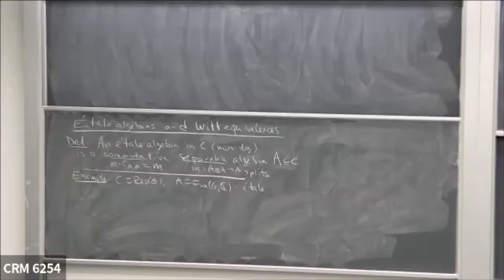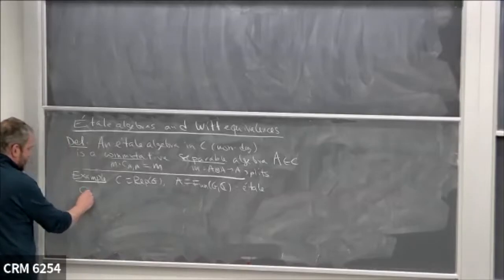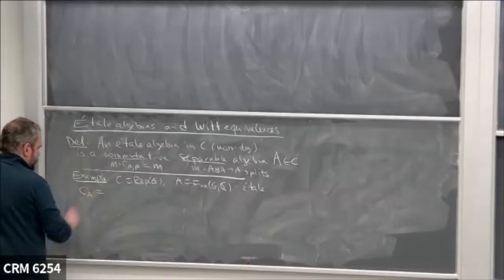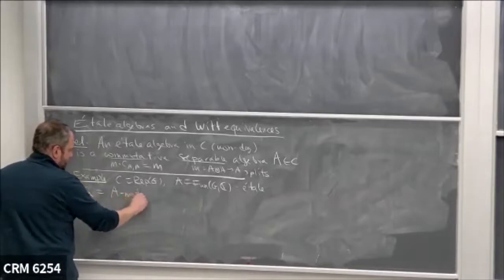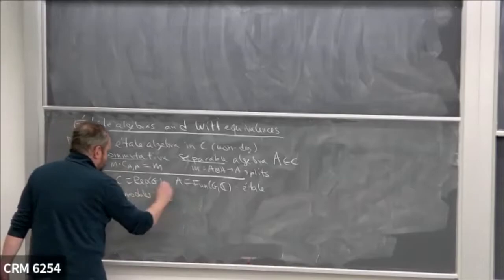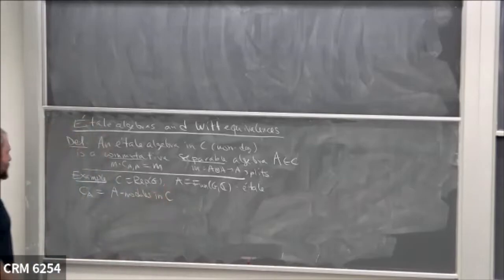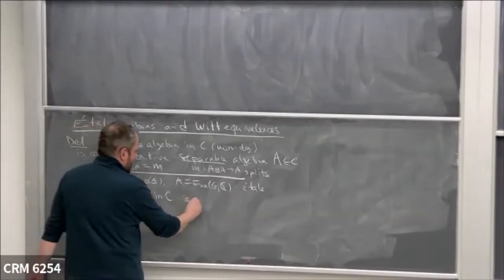So, okay. What do we do with an Etale algebra? We form the category like we did the last time, C_A of A modules in C, and this is a fusion category.